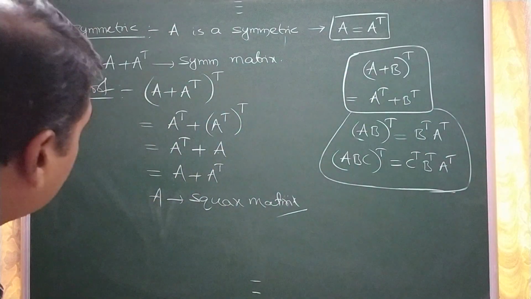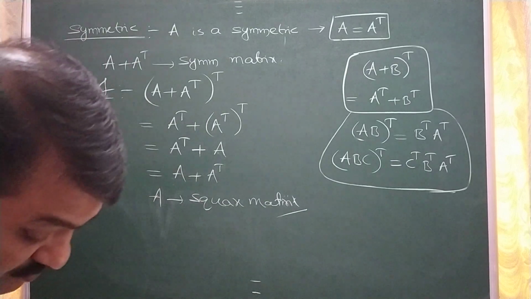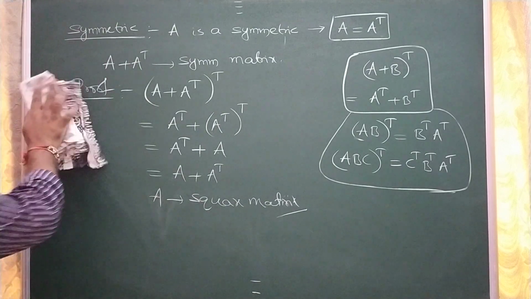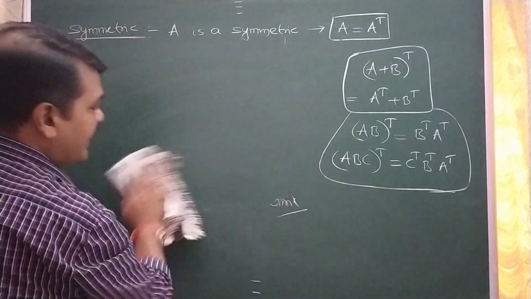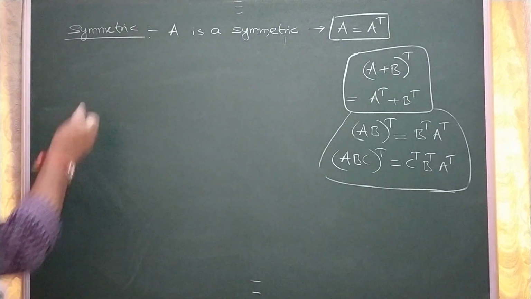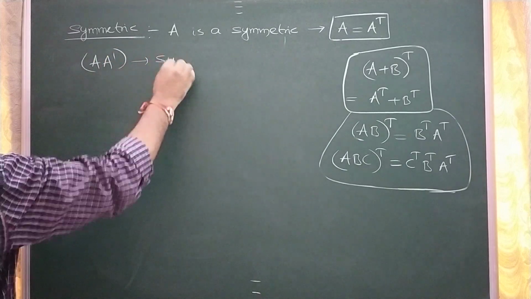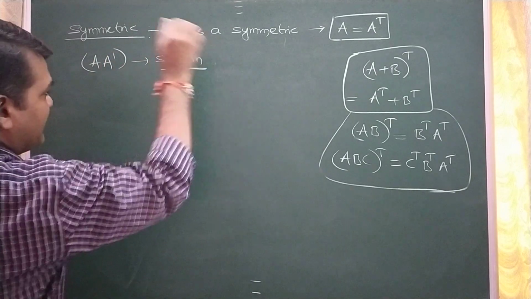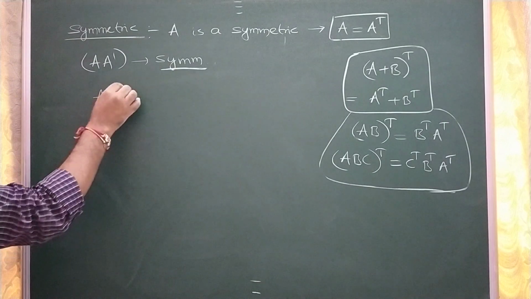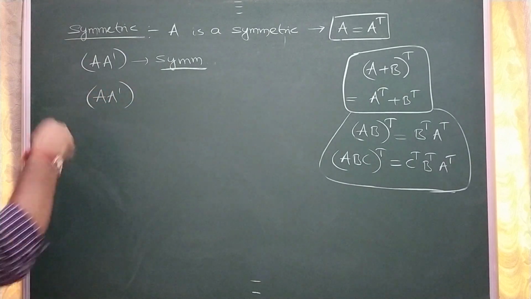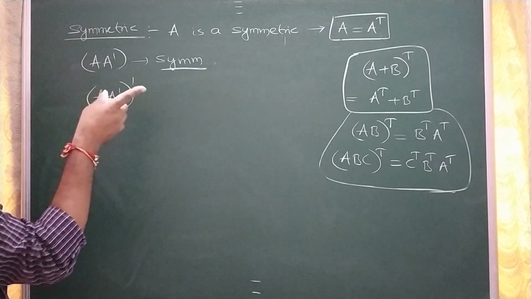Okay, so one more property I will tell you. A into A transpose is always a symmetric matrix. Because if you take A into A transpose and transpose this, you will get the same.